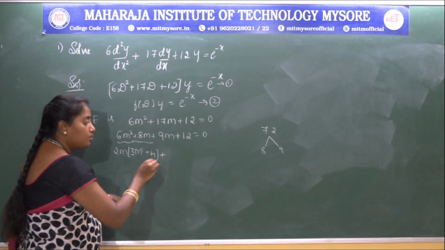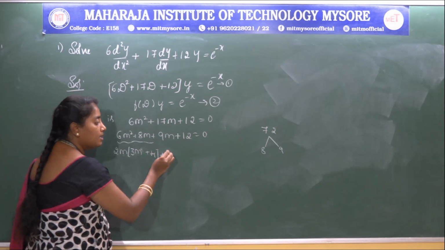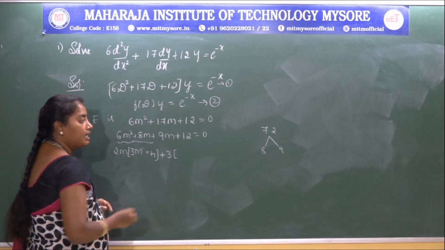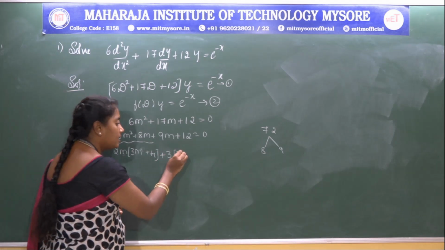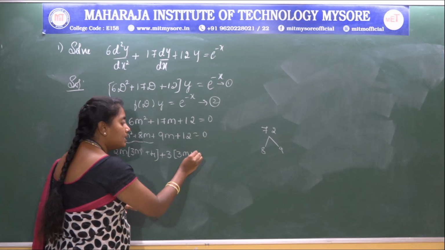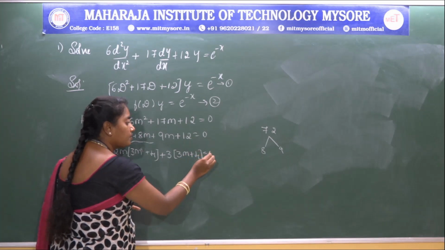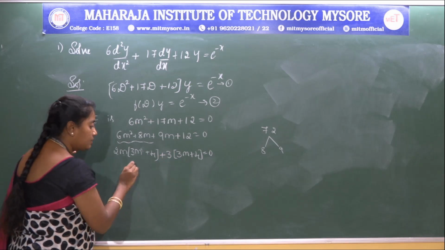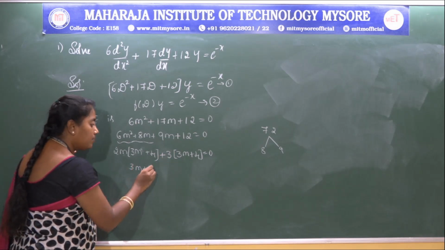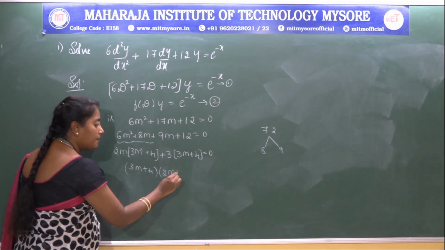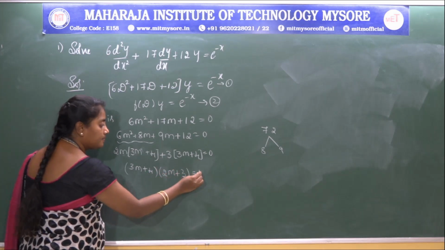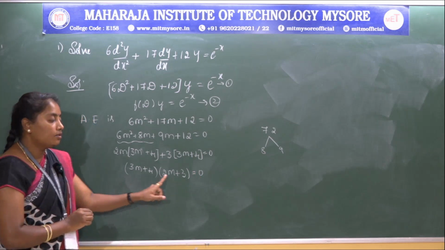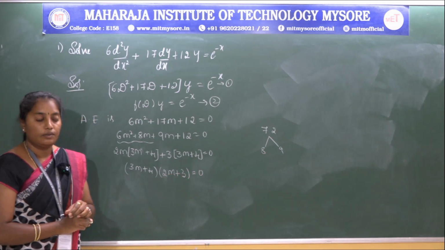In the next two elements, the common term is 3. On taking 3 as common term, we get 3m plus 4. Again the common element is 3m plus 4. Taking 3m plus 4 as common, the remaining element is 2m plus 3. So 3m plus 4 into 2m plus 3 is equal to 0.